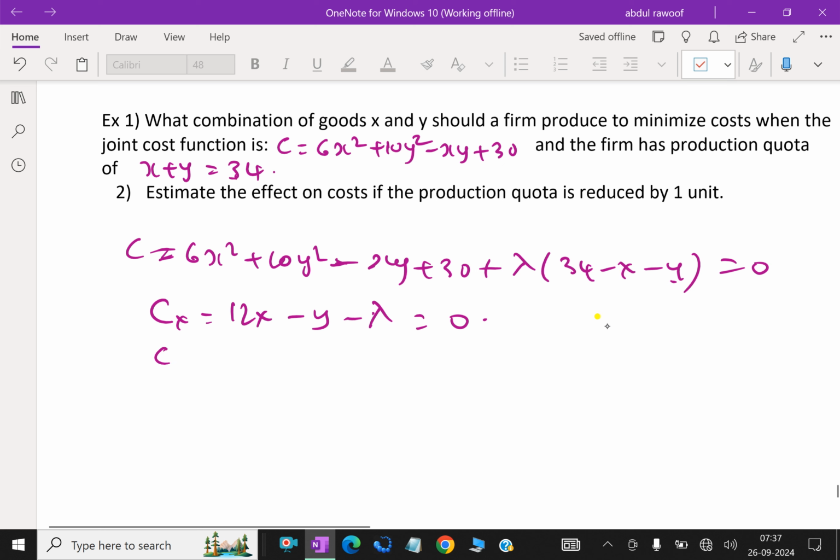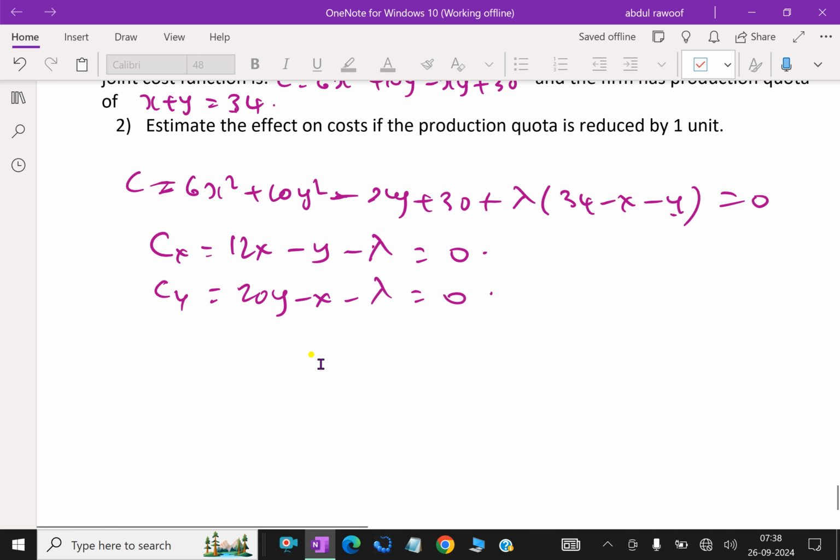And Cy equals 20y, because the differential of 10y squared is 20y, minus x, and also minus lambda.